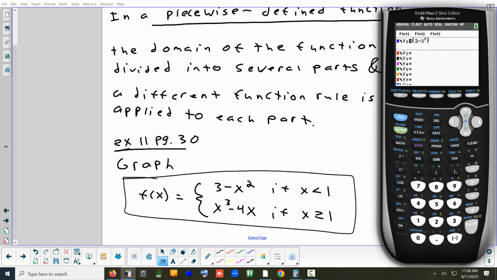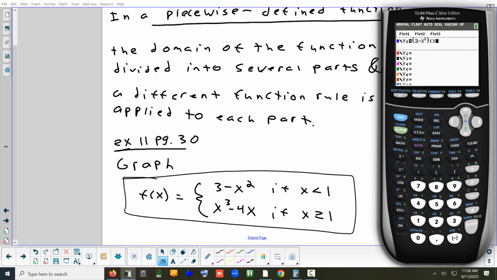Now, there's another part to that. You have to tell the calculator when to use it. You have to tell it when x is less than 1. So we're going to put that in parentheses next to it. X less than 1. I need to show you how to find the less than sign. I don't think I've shown you that. So in parentheses, put an x.